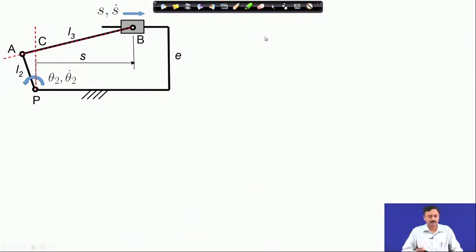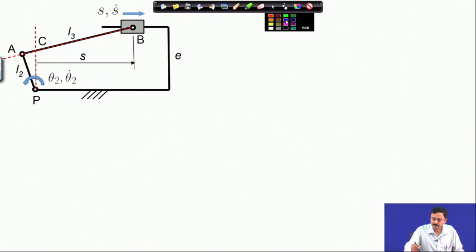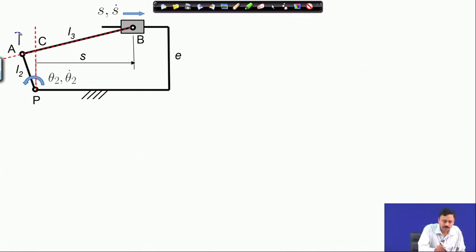Formally I have done this for you. So, C is the instantaneous center of rotation I24. What is the significance of I24? Let us recollect. It is the point on extensions of bodies 2 and 4 which have the same velocity at that point.